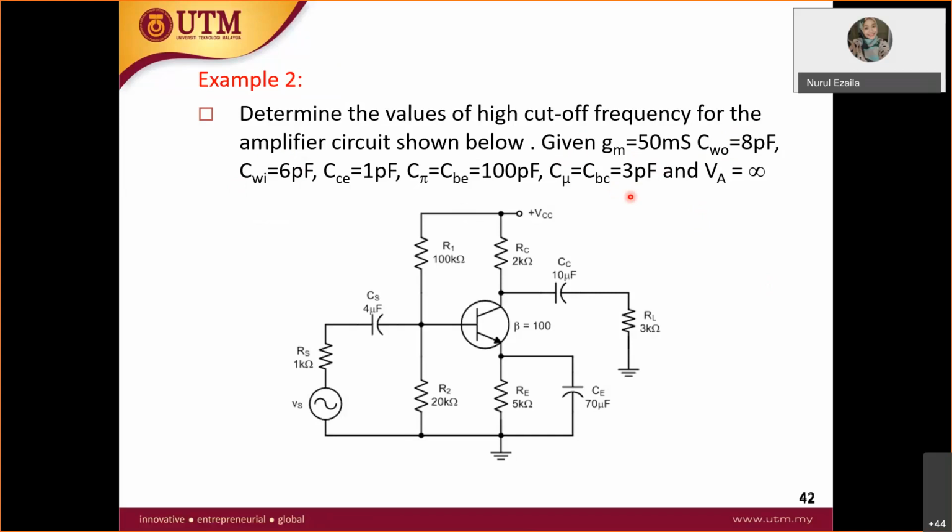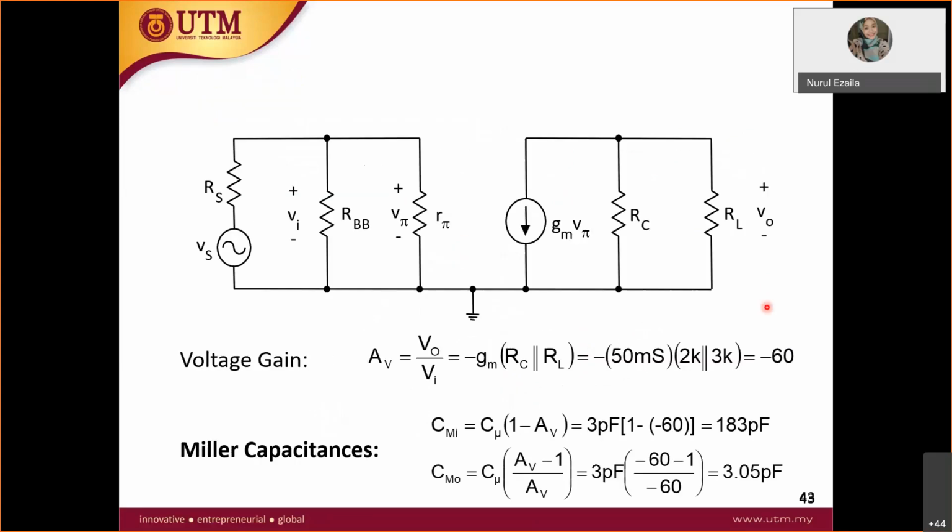So I give you an exercise. You have to do this for the mid gap, and you have to find the voltage gain and everything. Then you have to find similar in, similar out.